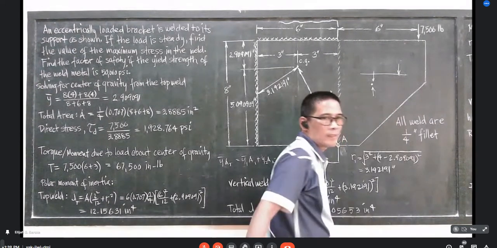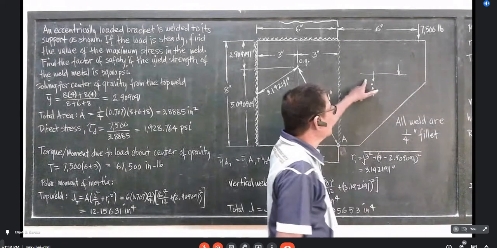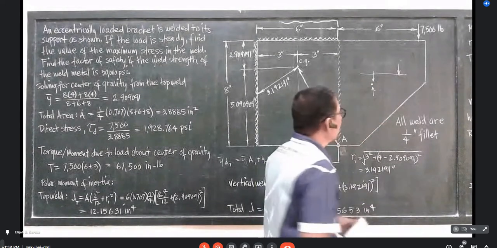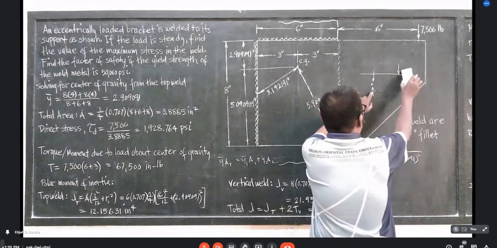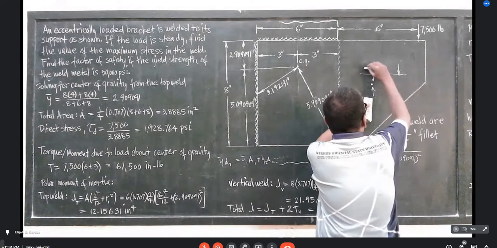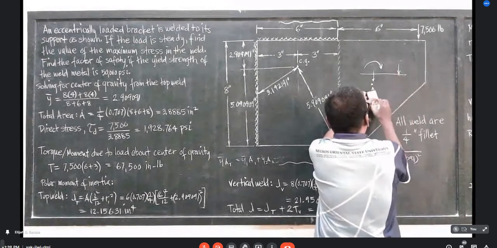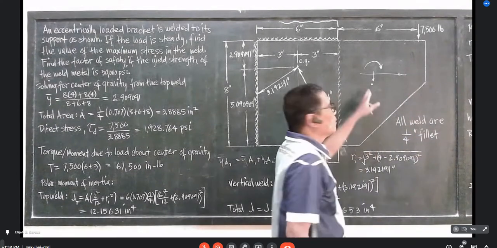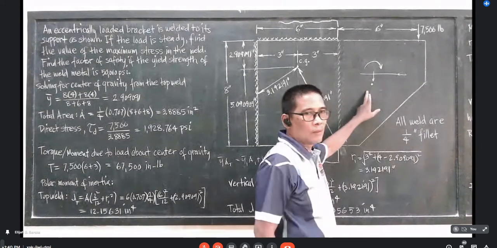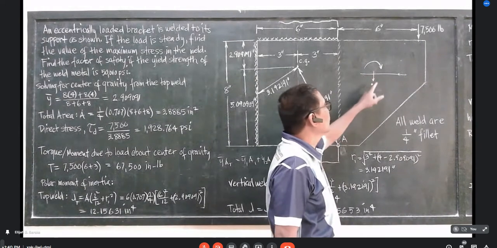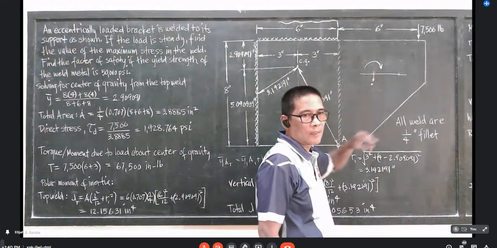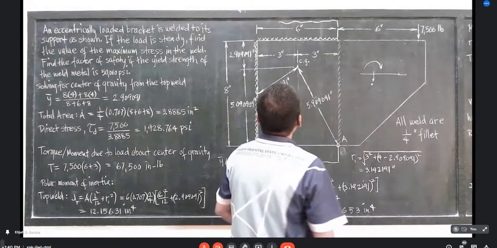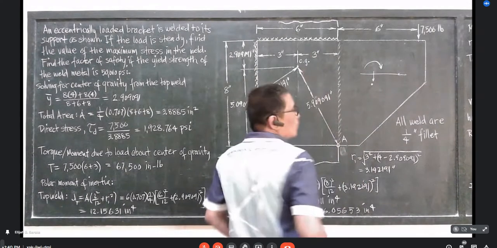This will cancel, so it is like the original. But this one is now a moment. So now there are two: we have a twisting and we have a direct stress.